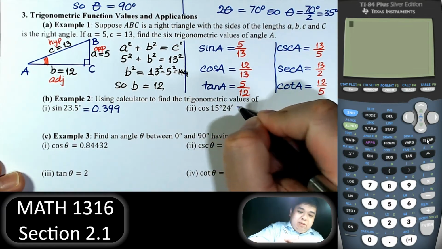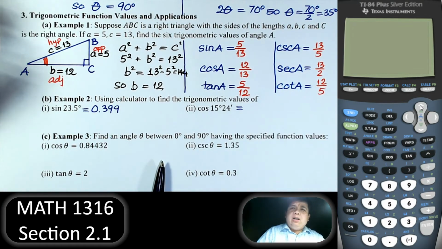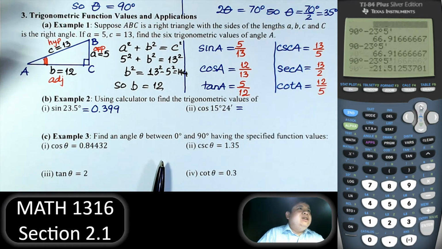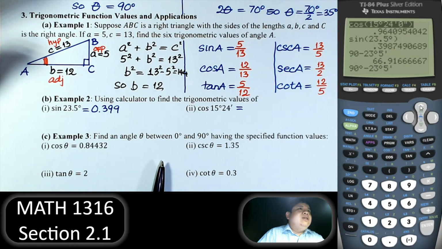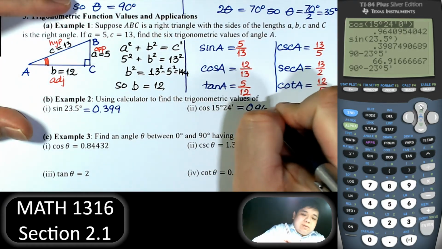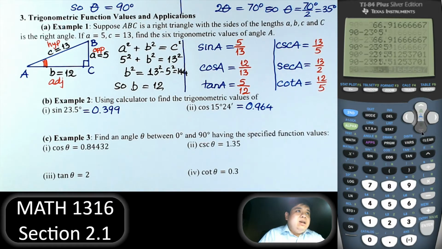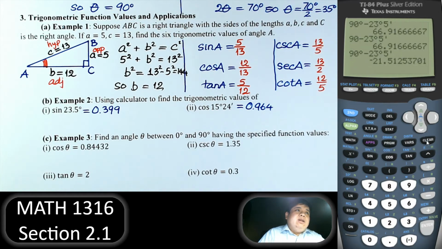Right. So what we have here, 0.96 something. Right. So that's easy, right? Now my question is, on the calculator, it has sine, cosine, tangent.